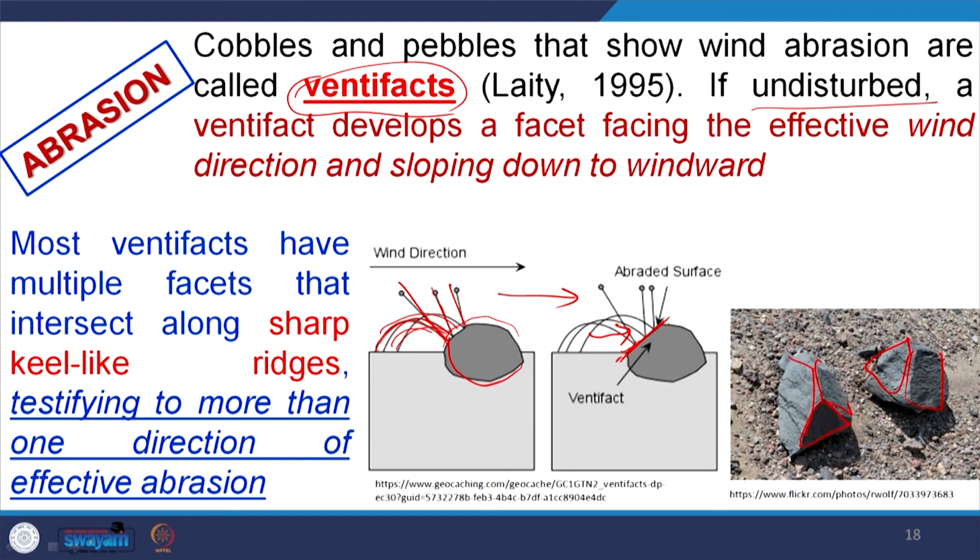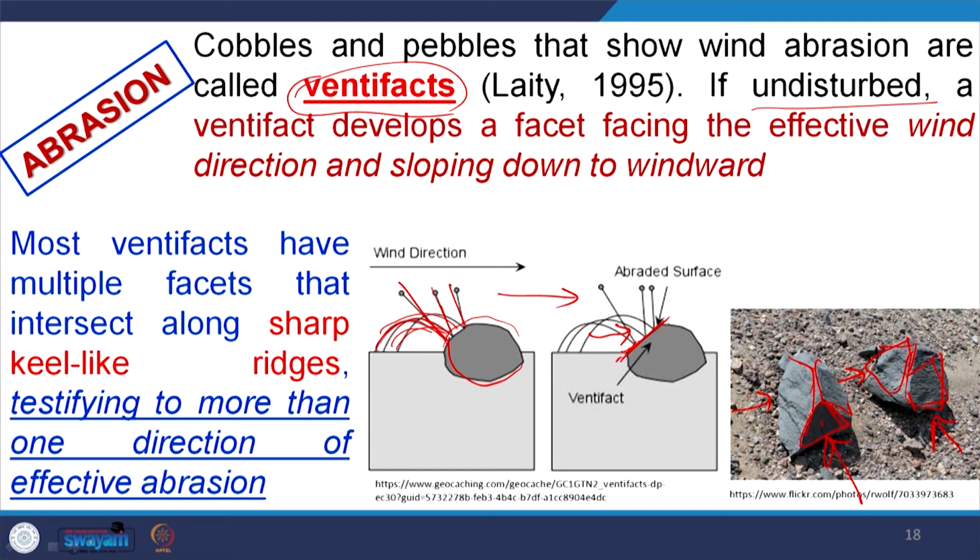That means it is indicating three different directions of wind transport, provided that these pebbles or boulders have not been removed from their original position. So this face and this face indicate this direction of wind transport. Similarly, this face and this face indicate this direction of wind transport.